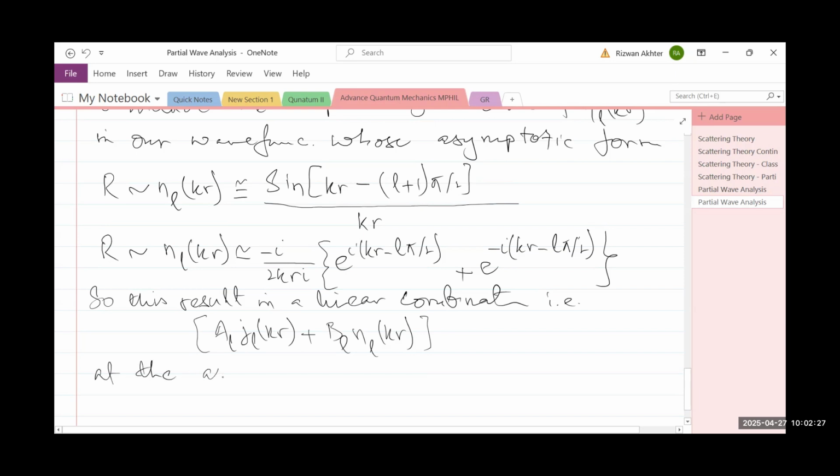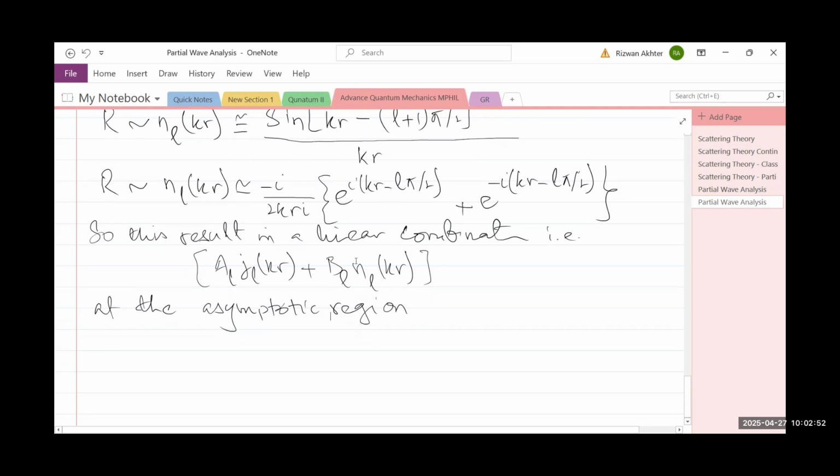Asymptotic region means, remember we discussed at some point that we observe the process of interaction at large distances away from the interaction center or the scattering center. So it means that the solution is in the asymptotic region, not at the scattering center. So the total wave function psi_R would be a linear combination of these two parts.